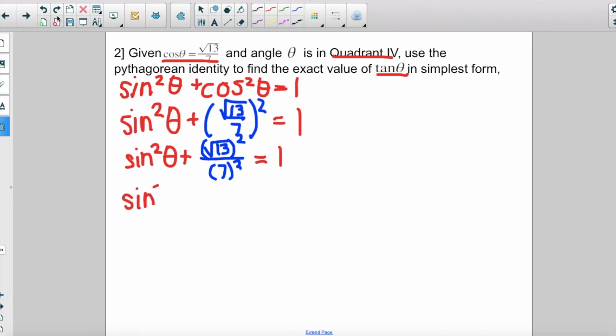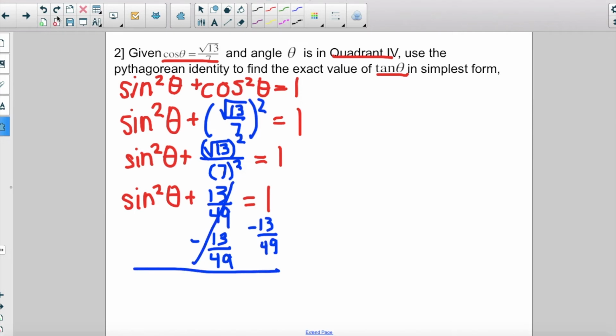Keep in mind, if you don't need all of these steps, you don't have to put all these steps, but I will be putting every step needed. Now, we have to get sine by itself, so our next step is going to be to subtract 13 over 49 on both sides.